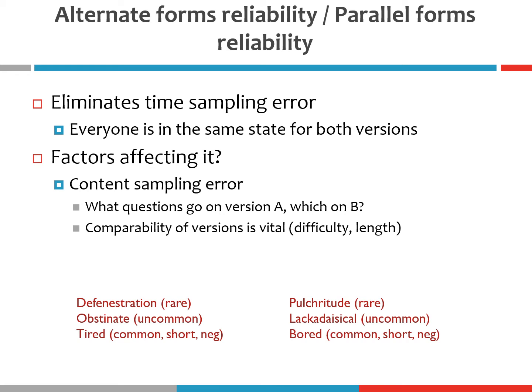But there are some things that we have to be aware of. For example, because we are creating two different versions of the test, we have to be aware of content sampling error.